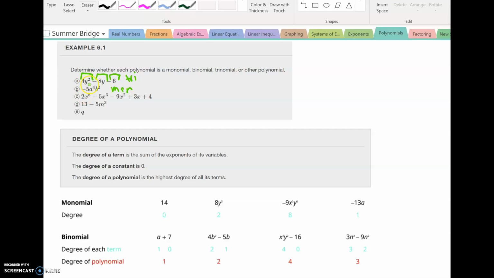Now here I have, let's see, I'll do a different color. I have 1, 2, 3, 4, 5, which falls under the polynomial category. Then I have d, which is 1, 2. So this is a binomial because it's 2. And then e is just a monomial again because it's just 1 term. So that's the first categorization, whether it's a monomial, binomial, trinomial, or polynomial.